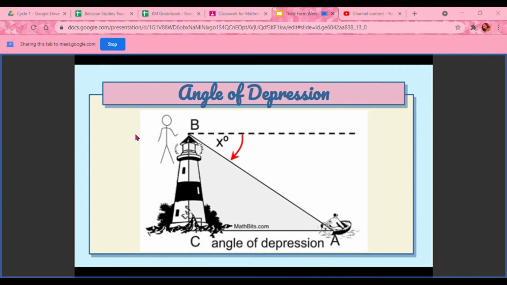And the angle of depression is where I am, the point where the observer is, the point where the question says this person is seeing. That is where your angle is. Your angle cannot be anywhere else. All right? Very important for you to remember.